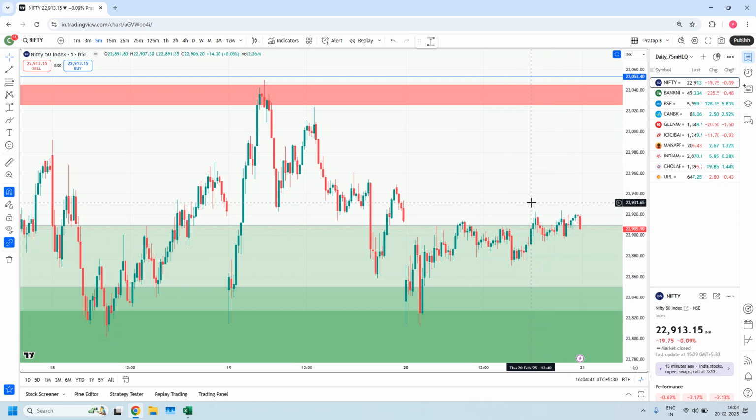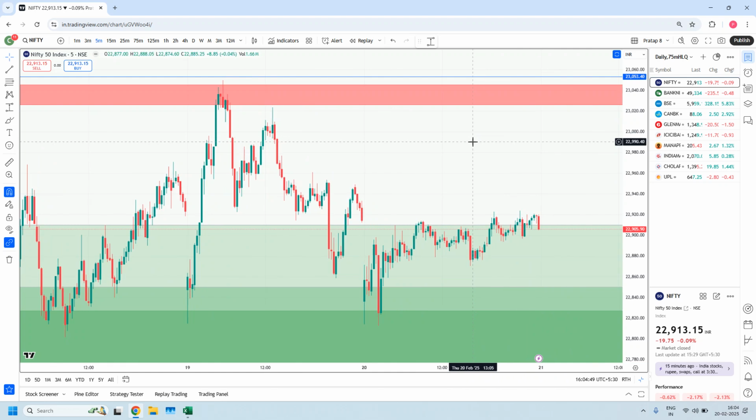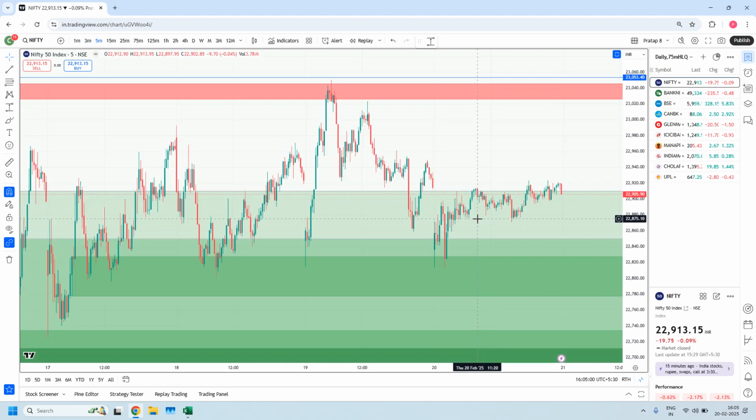If the breakout is towards the upside, prices will move up very fast. Again a rally will start in the market. If the volatility breakout happens towards the downside, immediately you will see drop candles in the market. How Nifty is going to be, what kind of volatility breakout will take place in the coming days, we have to wait and see.